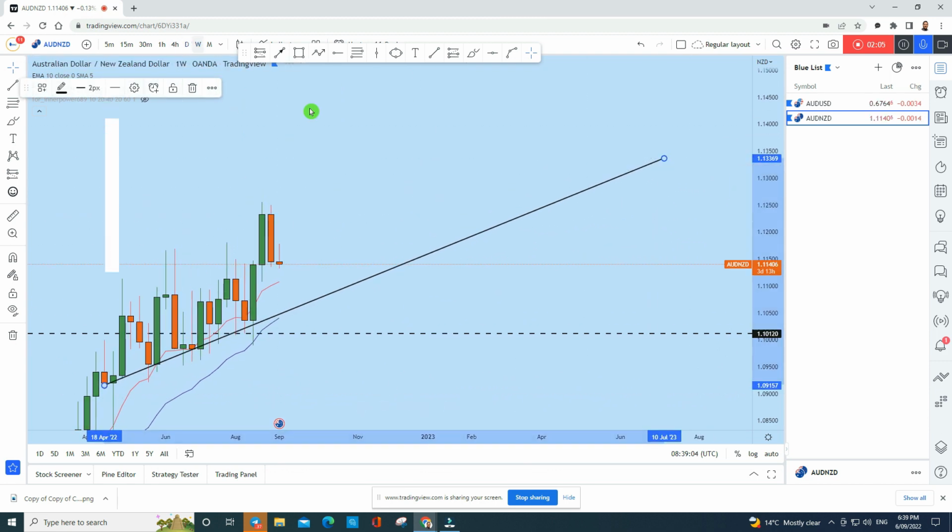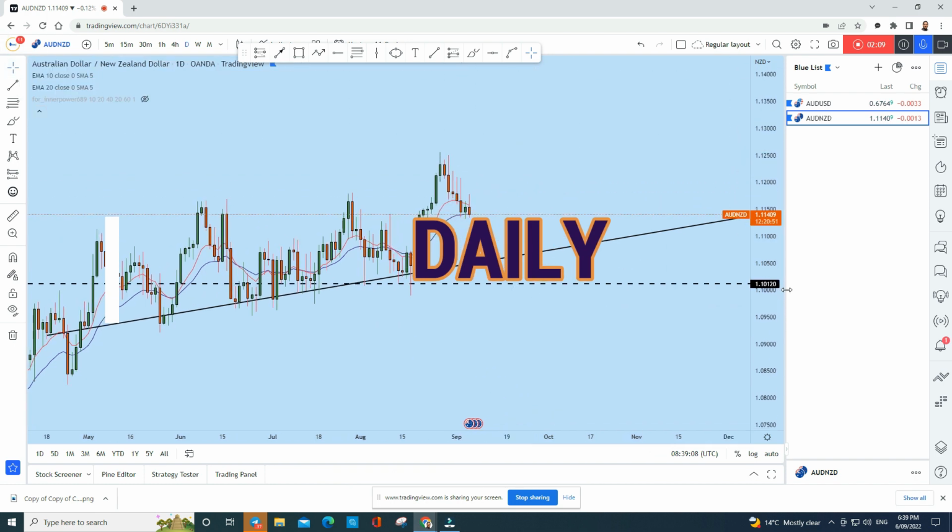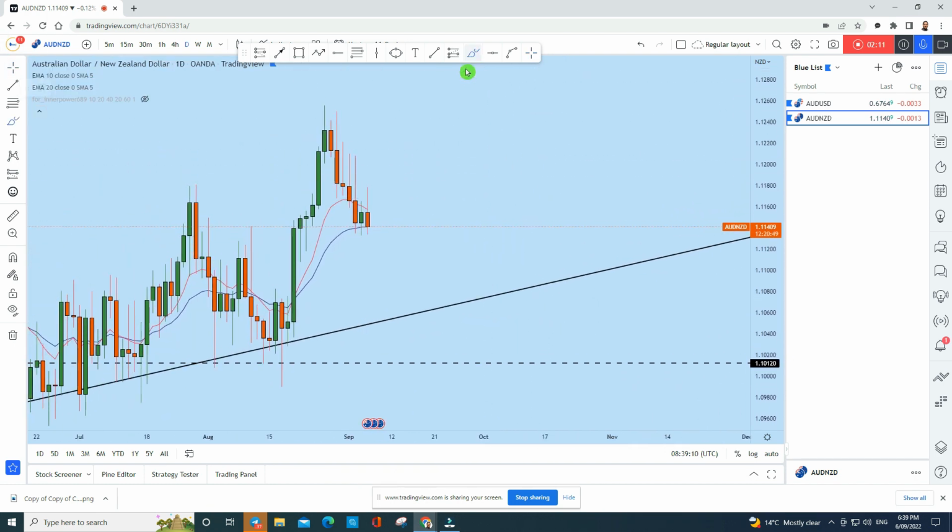So now let's look at the daily time frame to see how it is doing. Now on the daily, as expected, we have seen AUDNZD first of all drop, followed by this narrow doji on the daily time frame. After that doji, today we have seen the price break the high of the doji, grab liquidity, and now we see the price is coming down.